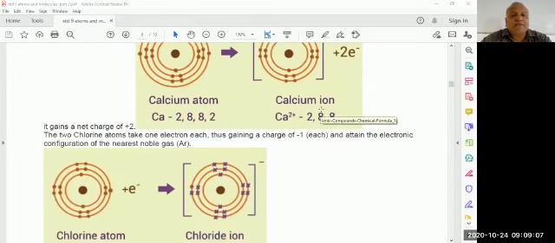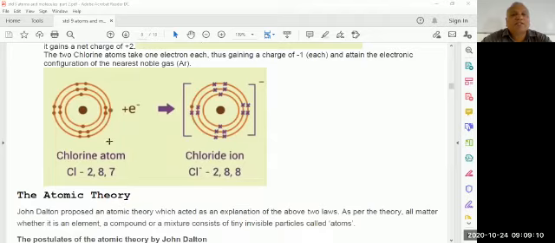The same way, if we look here, it is the example of chlorine. Chlorine has 17 electrons, and these 17 electrons are arranged in a particular way: in the first orbit 2 electrons, second orbit 8 electrons, and third 7. It needs only one electron to complete its outermost orbit. So it will not lose 7, because the attraction towards the center, meaning the positively charged nucleus, is so much that it needs more energy to lose the electron.